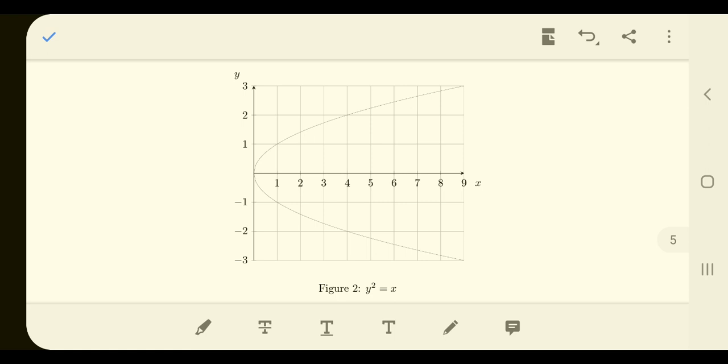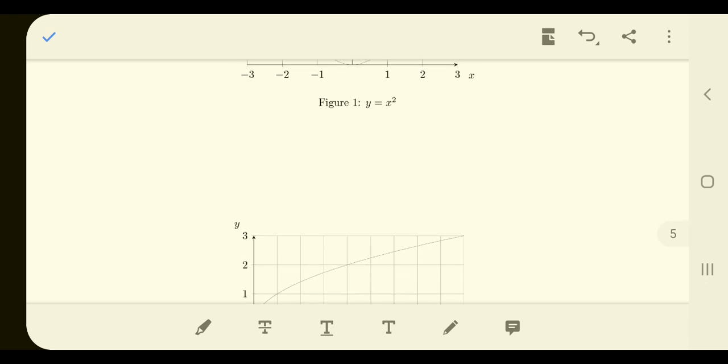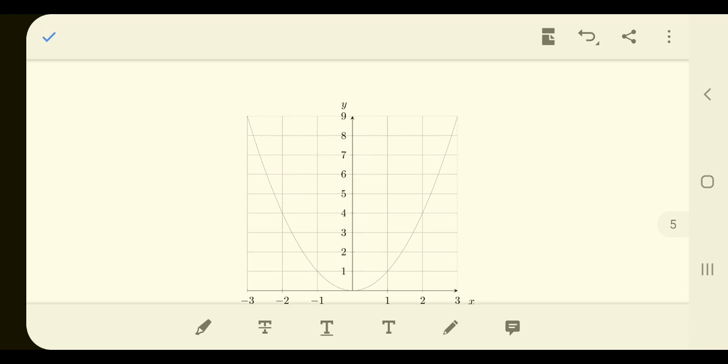Now, looking at a function through graphs, it is easier to identify whether it is bijective or not. So let us see how. The definition of a function says that for a particular value of x, there should be exactly one value of y associated with it.